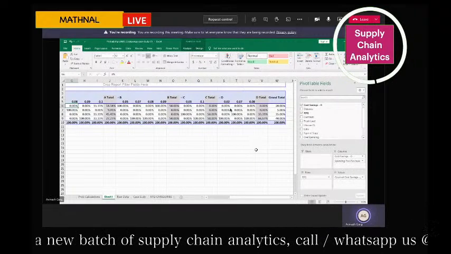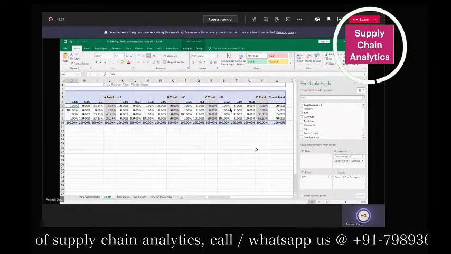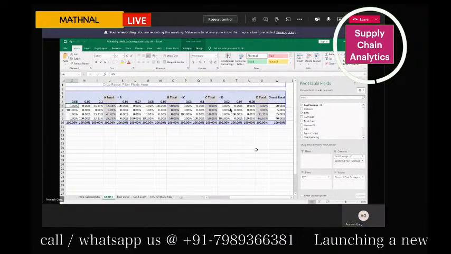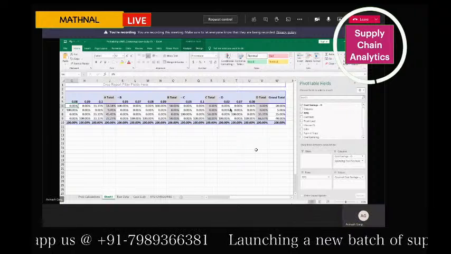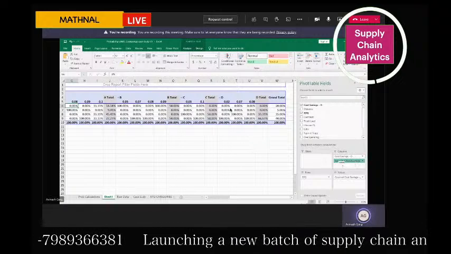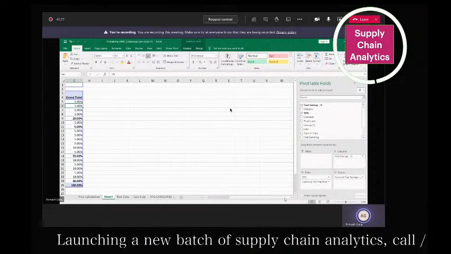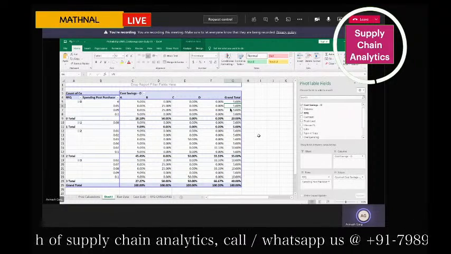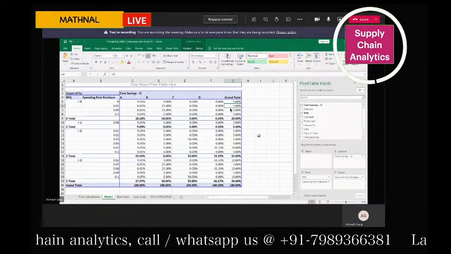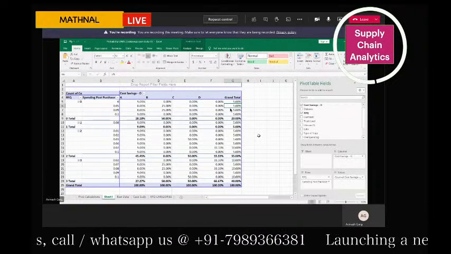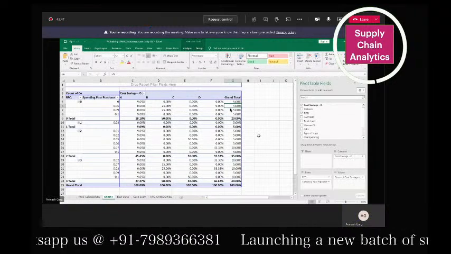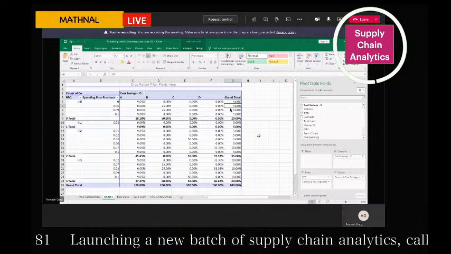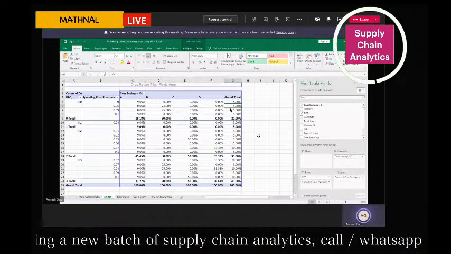So let's move spending post purchase back into the row section. Now what the condition is, given it is spending post purchase, what is the probability?